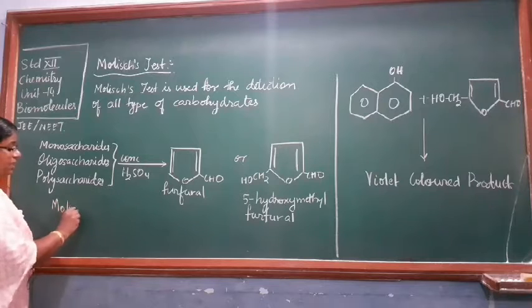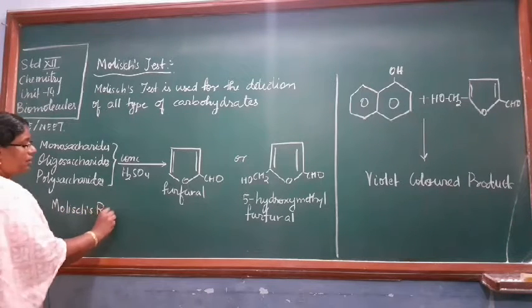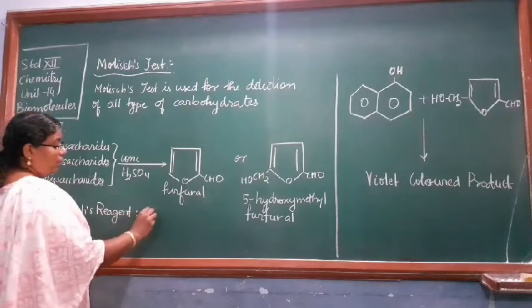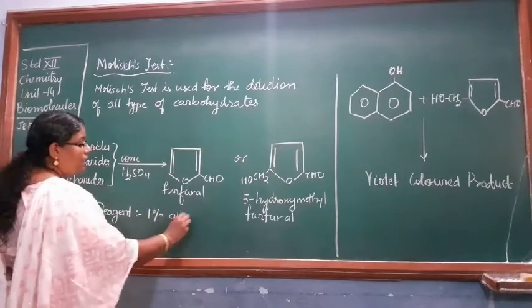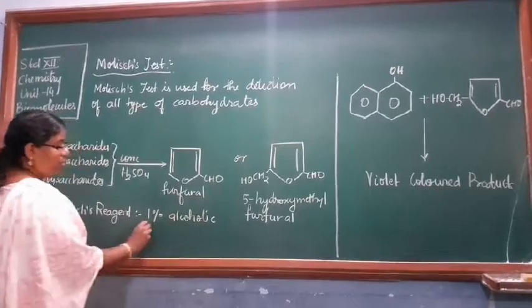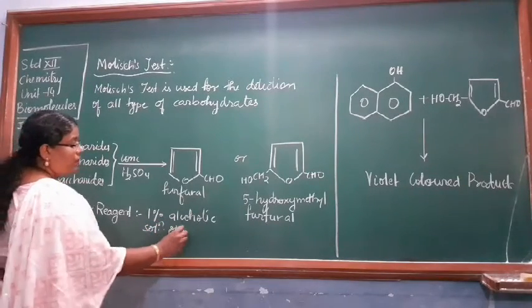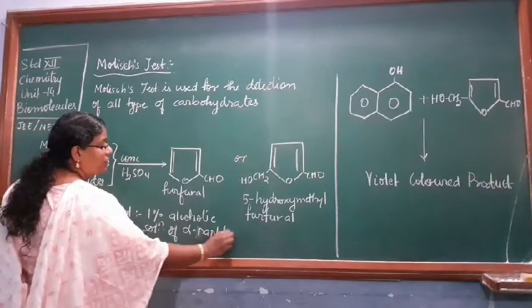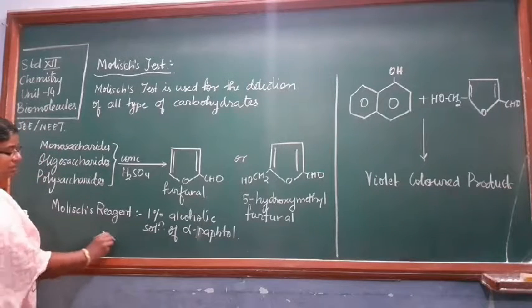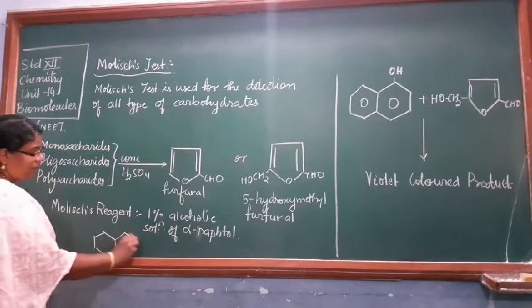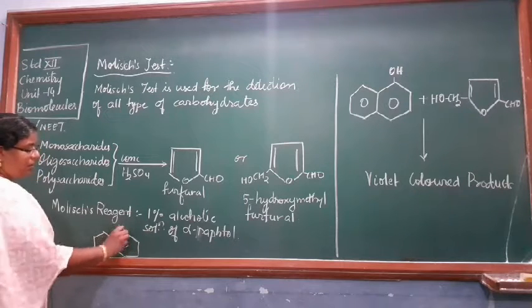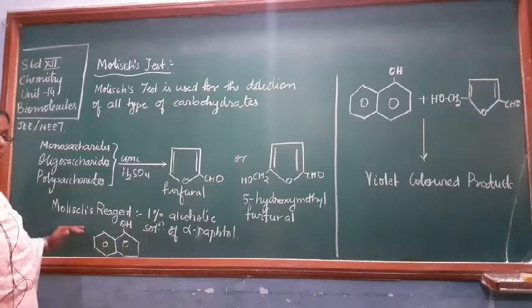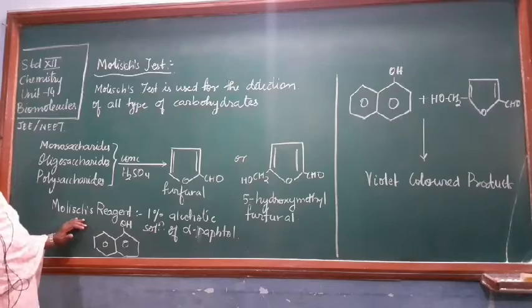The Molisch reagent is a 1% alcoholic solution of alpha naphthol. Now, what is alpha naphthol, you will ask me. Alpha naphthol is this compound. So, 1% alcoholic solution of alpha naphthol is considered as Molisch reagent.